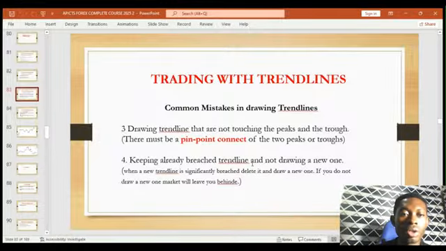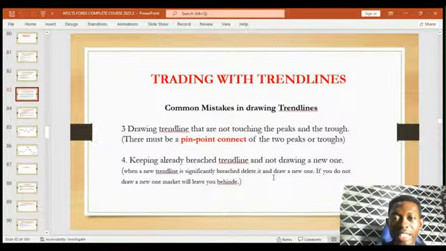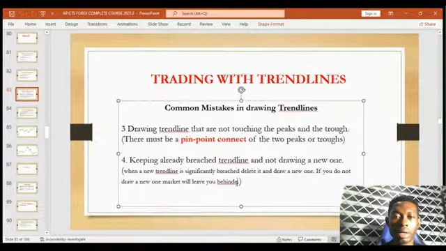But when a trend line is significantly breached, delete it. Note the word significantly breached. Delete it and draw a new one. If you do not draw a new one, the market will leave you behind.